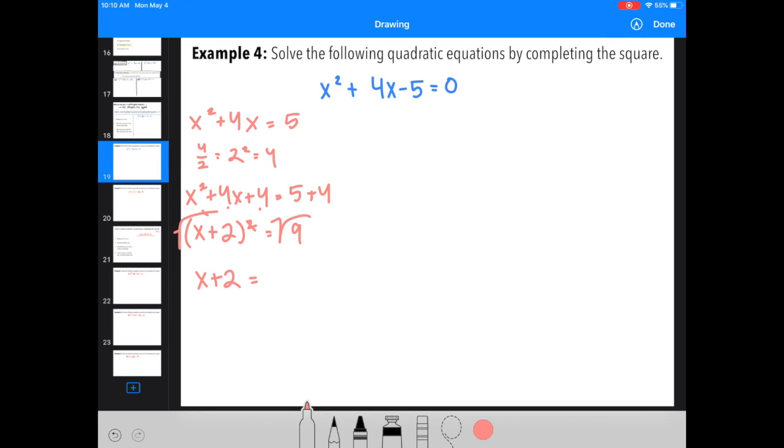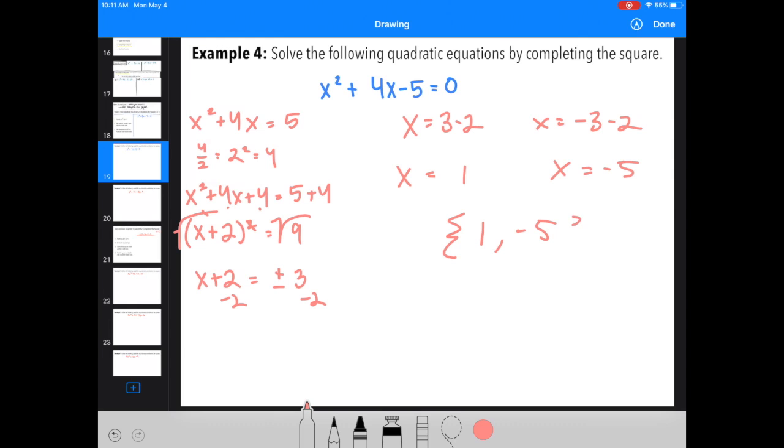The square root of this exponent crosses it out, leaving me with x plus 2. And the square root of 9 is plus or minus 3. All right, I'm going to subtract this 2 over, solve for x. So x is equal to positive 3 minus 2, and x is equal to negative 3 minus 2. So x is equal to 1, or x is equal to negative 5.